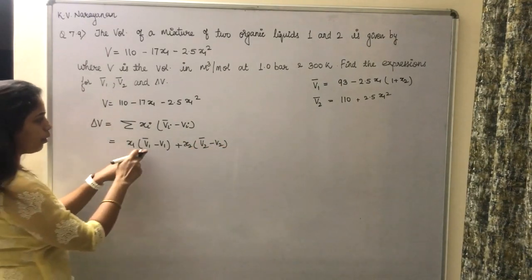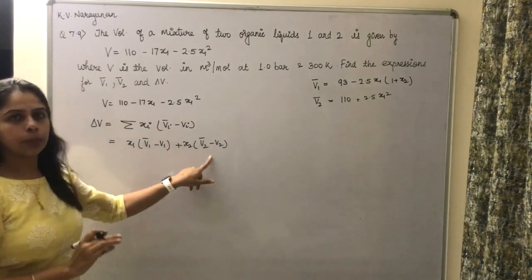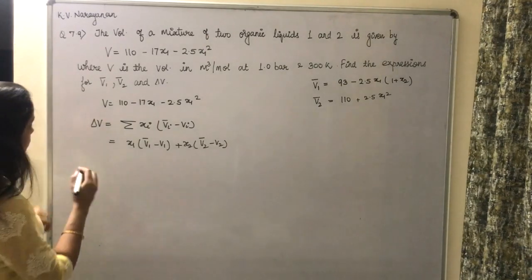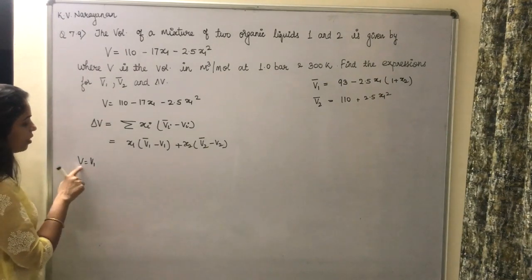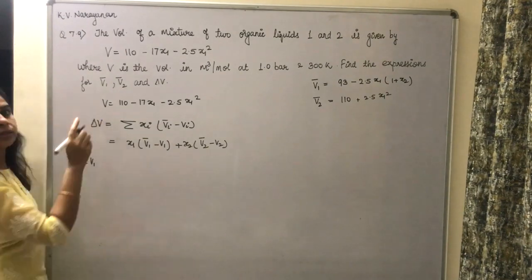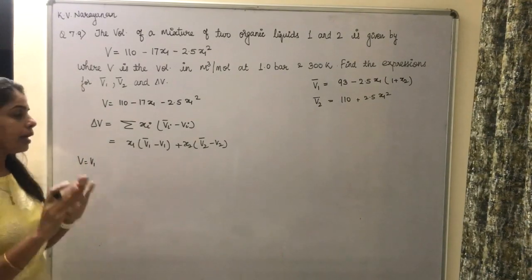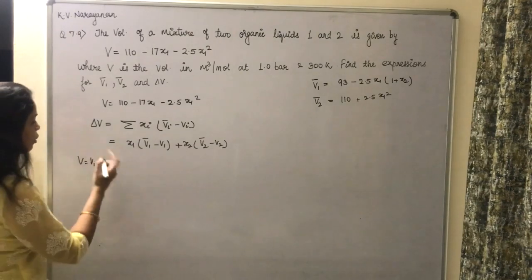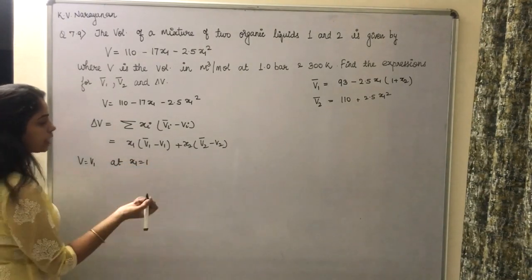We have V1 bar and V2 bar, and we need to find V1 and V2. So how will you find the values of V1 and V2? V is the volume of the solution, where both components are present. Now we need the volume of only component 1. So x1 = 1 and x2 becomes 0.